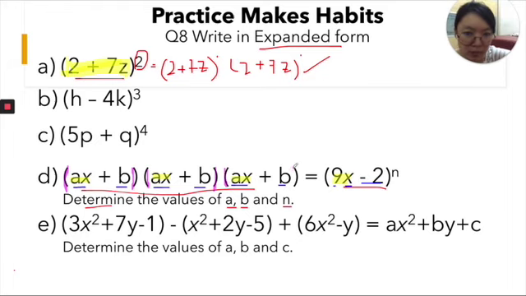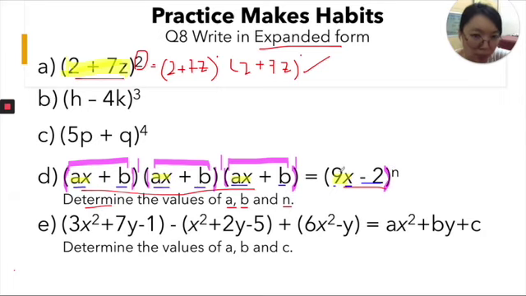How many brackets do you have? 1, 2, 3, repeating for 3 times, and inside everything stays the same, AX plus B. So repeating for 3 times means the whole thing bracket repeating for how many times? So what does N stand for? Tell me.